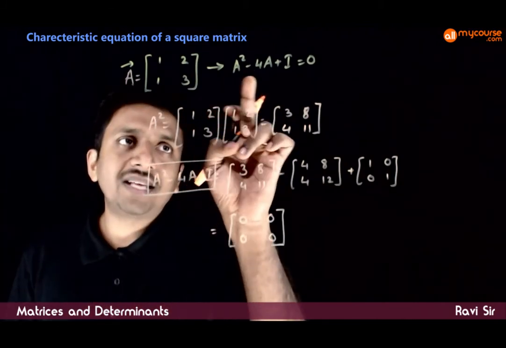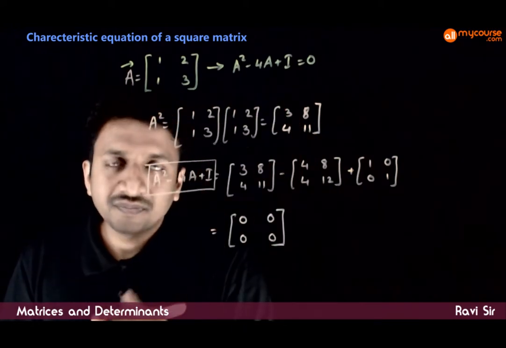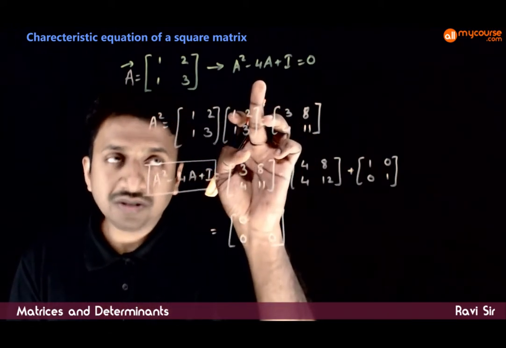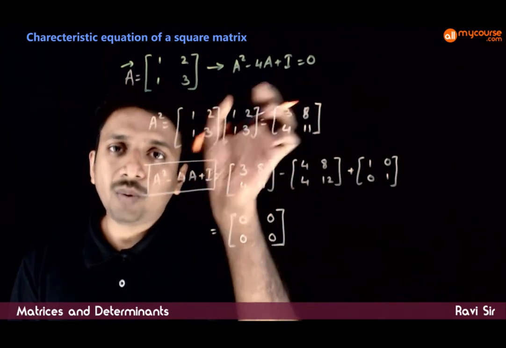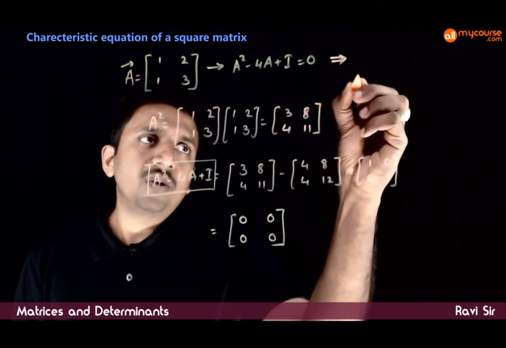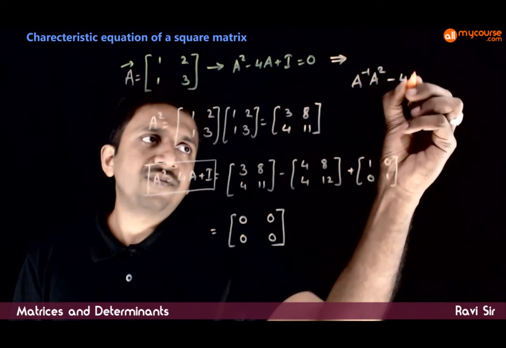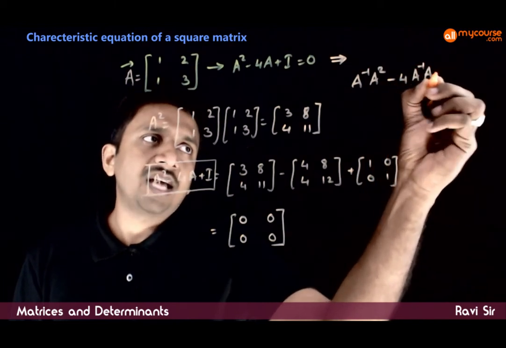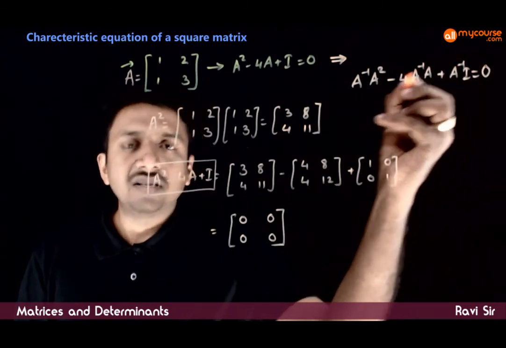We know that A square minus 4A plus I is equal to 0 because it is the characteristic equation. Now I'll multiply the whole equation with A inverse. So A inverse times A square minus 4 times A inverse times A plus A inverse times I is equal to 0.